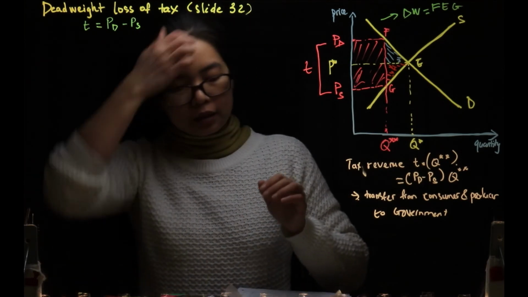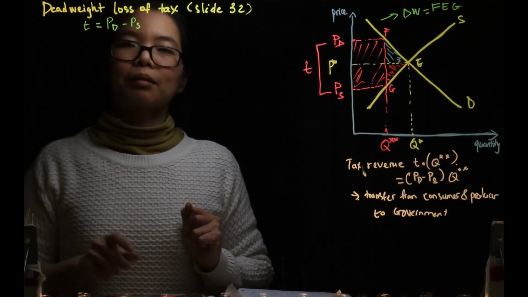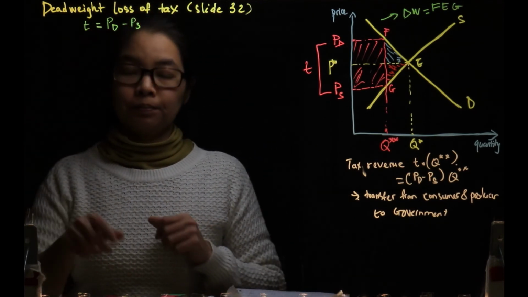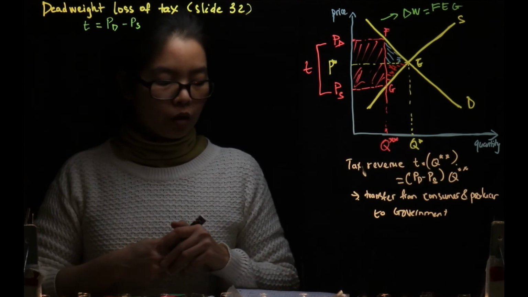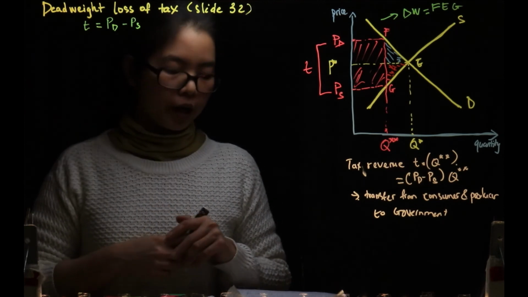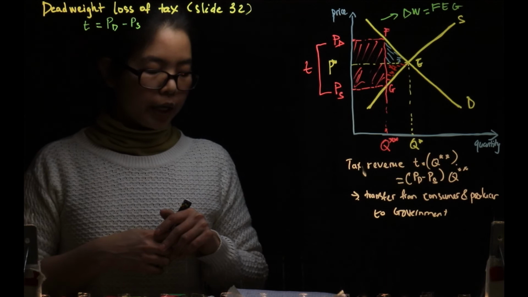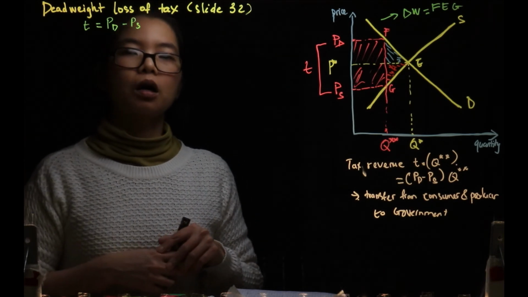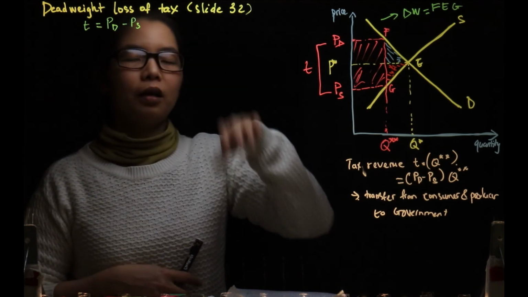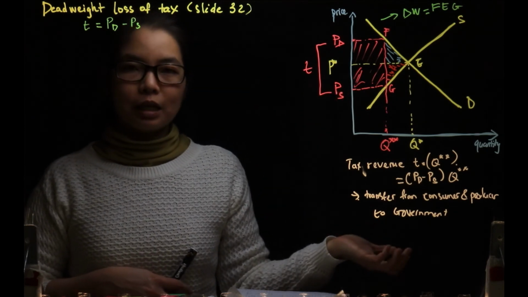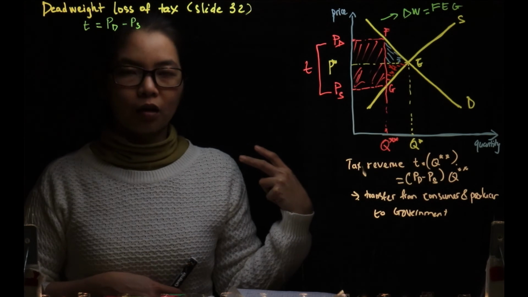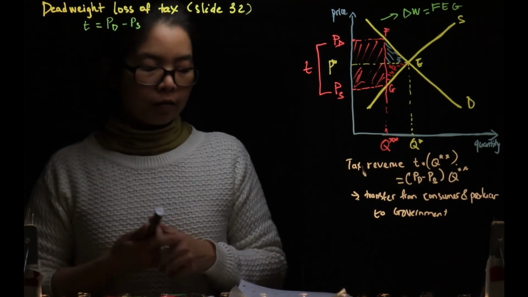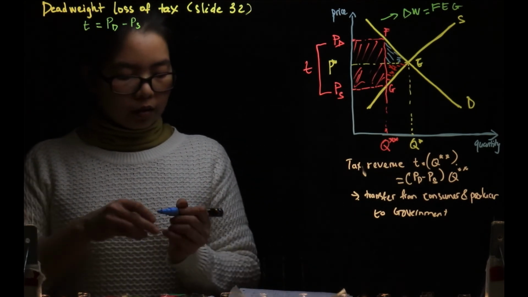So now let's do some mathematical tools. Our objective here is to convert the dead weight loss into some forms of elasticity in order to see some economic insight behind it.